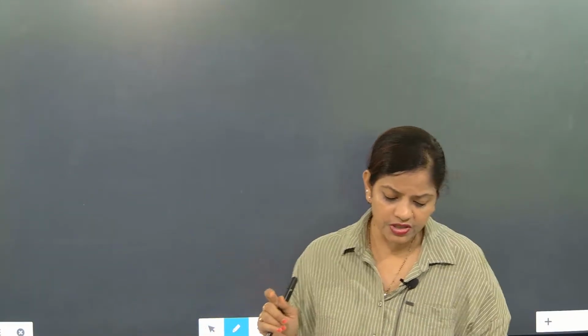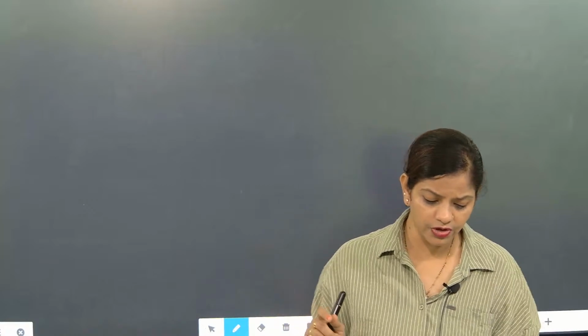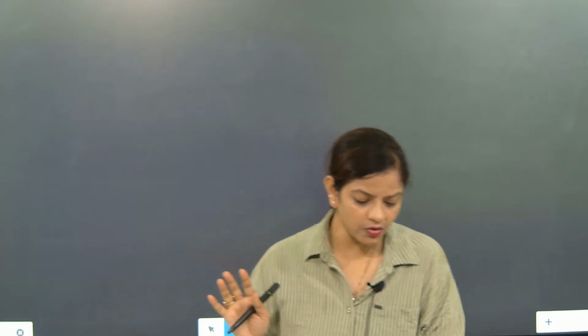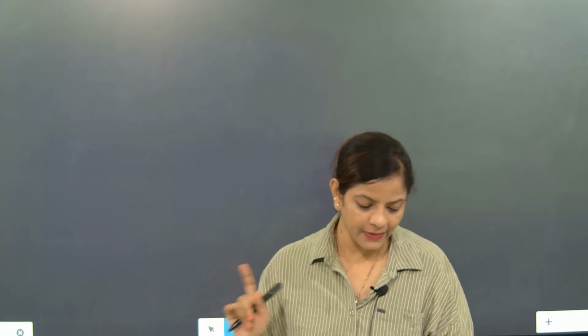Now one question is there, and this question is not going to be a very expensive question, but yet this question is an important question for you. So now let's check this one out. I'm giving you this question.